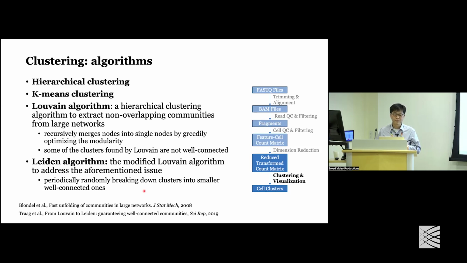It's a greedy algorithm that merges the nodes together if they are well connected. And the Leiden algorithm is just a modified version of the Louvain algorithm, which almost guarantees that identified clusters are well connected to each other. So that's the only difference. And then these are the two references.